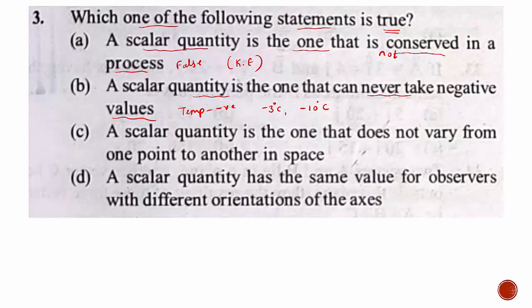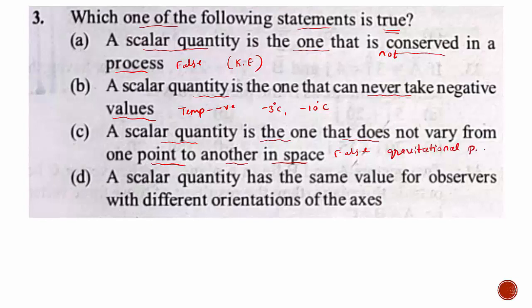Then come to option C. A scalar quantity is the one that does not vary from one point to another in space. Here it is given that a scalar quantity does not change its value in space. This statement is again false because I will give you the example of gravitational potential energy.